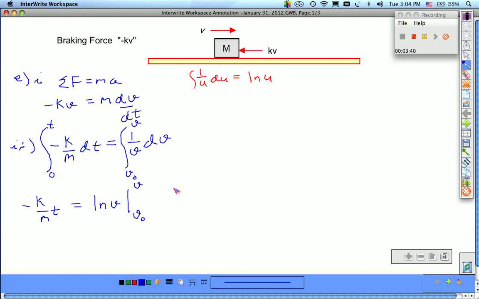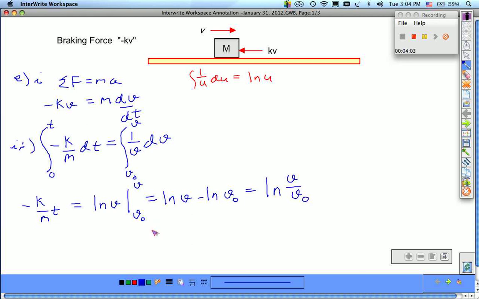Evaluating, we get the natural log of v minus the natural log of v naught. Knowing your properties of logarithms, log v minus log v naught is equal to the natural log of v over v naught.